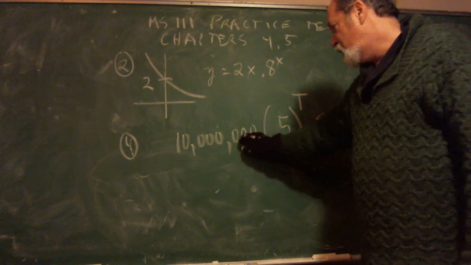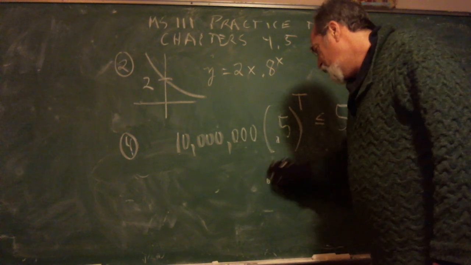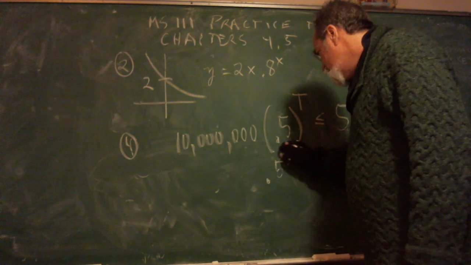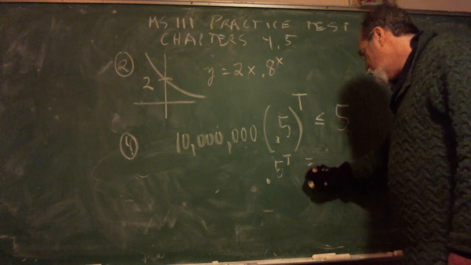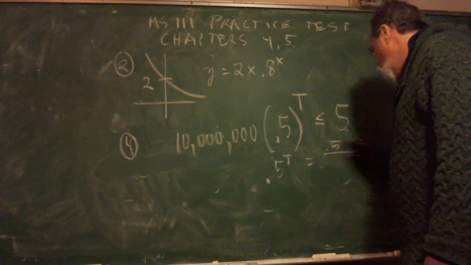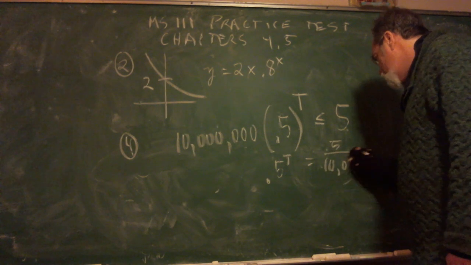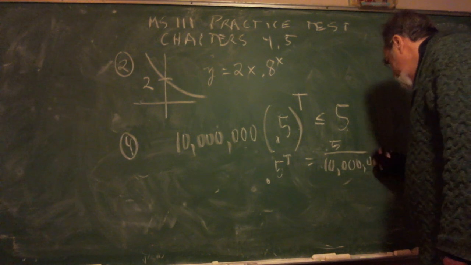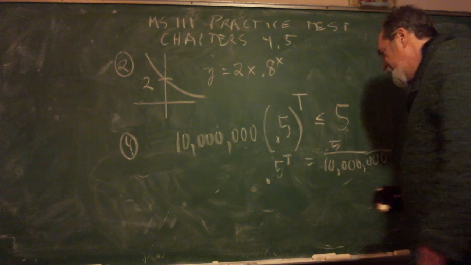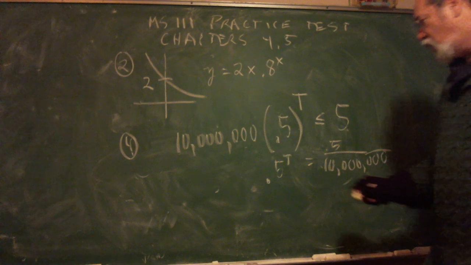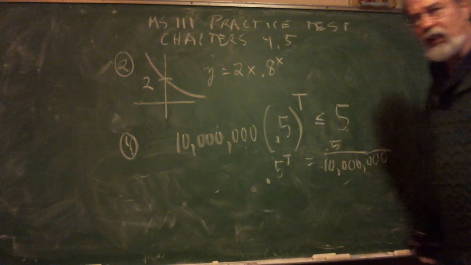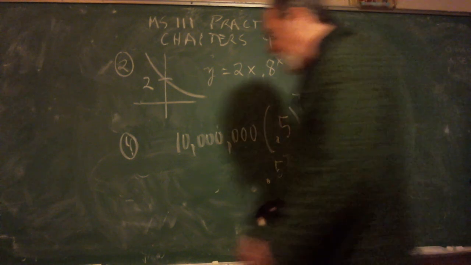Well, you're going to divide by 10 million, and you'll have 0.5 to the big T equals 5 over 10 million. That's a very small number. And then you're going to take the natural log of both of these things. We're getting close to the bottom of the board, so I'll write over here.